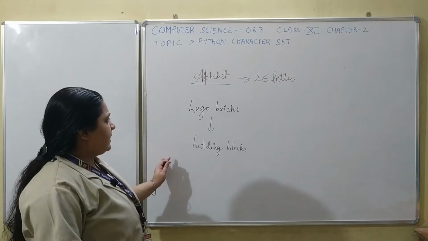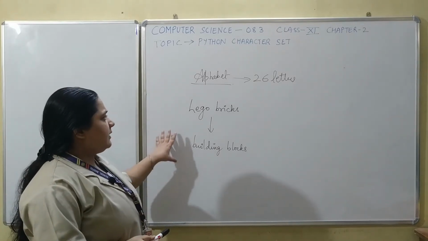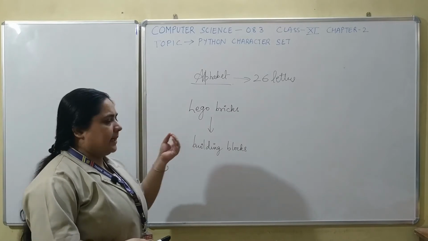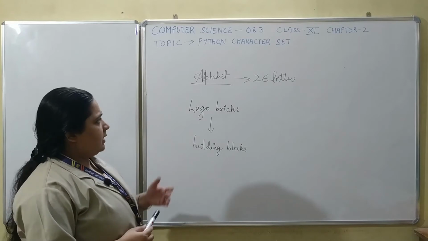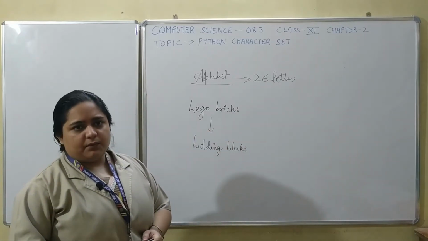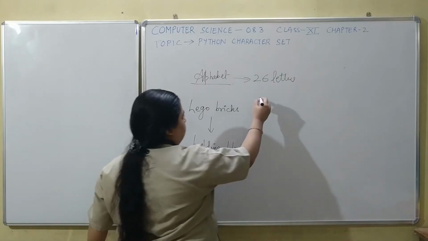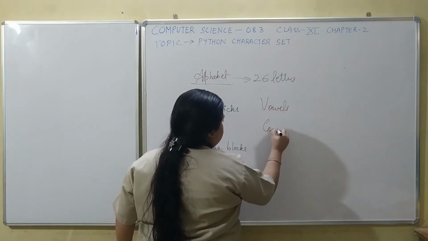Anything we create, whether we write a sentence, a paragraph, or a word, is created out of these 26 letters, where we might have some vowels and some consonants.